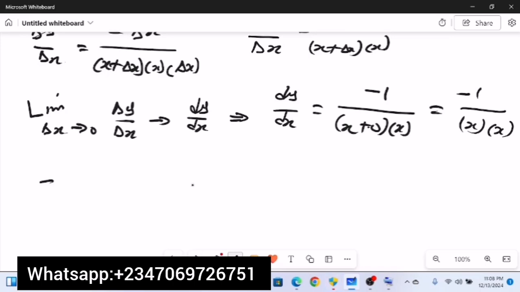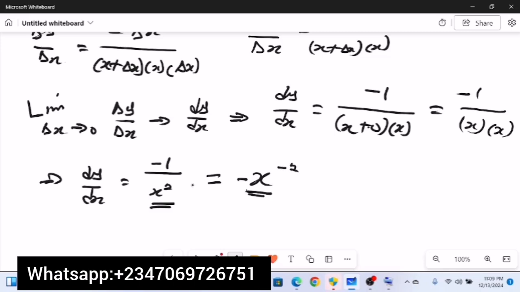So this simply implies that dy all over dx is actually what? Negative 1 all over x times x, that becomes what? x squared. And this is the final answer, and you can also write this as what? Negative x to the power of negative 2.